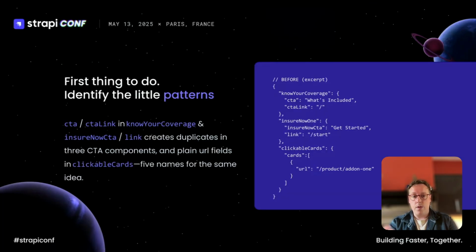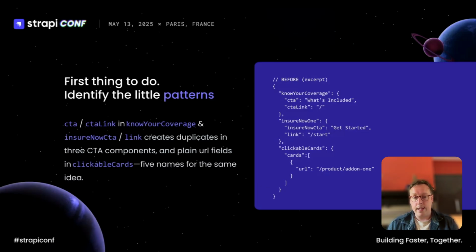So the first thing to do is we're going to be identifying the little patterns. And you'll see here that I've highlighted that we've got a component, CTA link inside of Know Your Coverage. And inside Ensure Now component, we've got a link component, which is effectively 3 CTA components that are all doing the same thing, but they're all named differently.